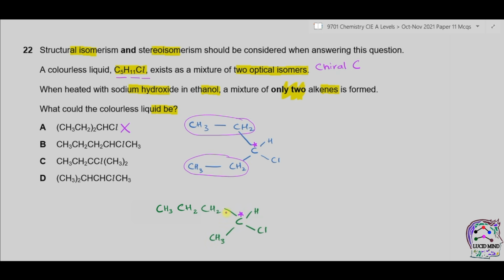As we can see that this carbon is bonded to 4 different groups, so therefore it will show optical isomerism. Let's draw part C. We have CH3, CH2, then we have carbon, Cl, and 2 CH3 groups are also attached.